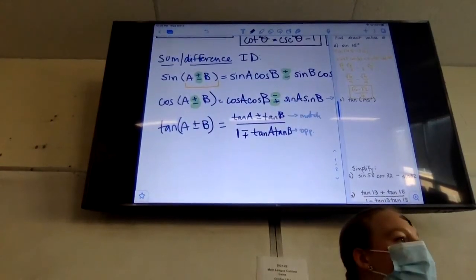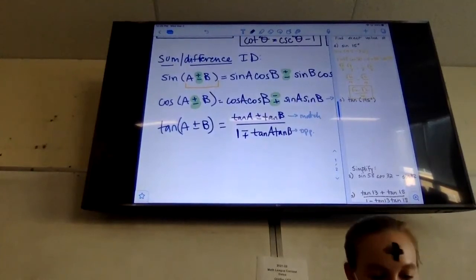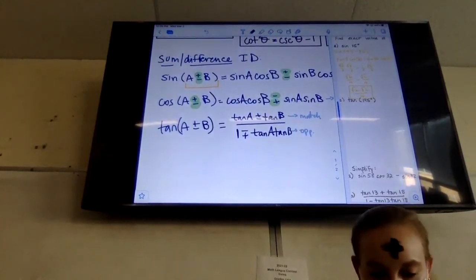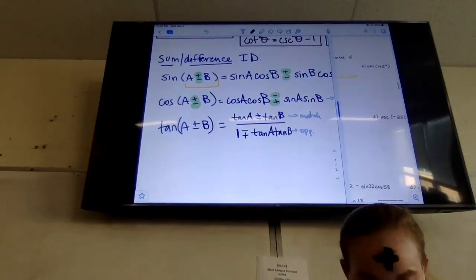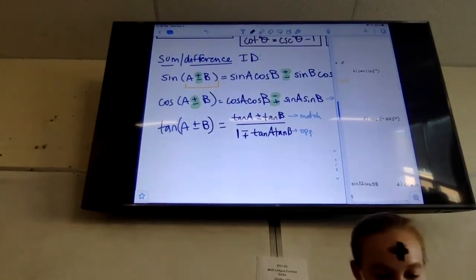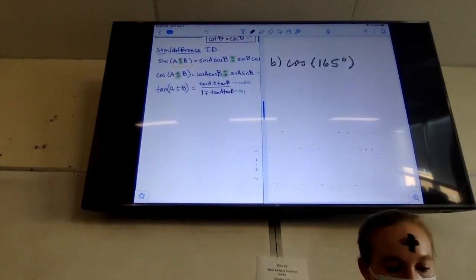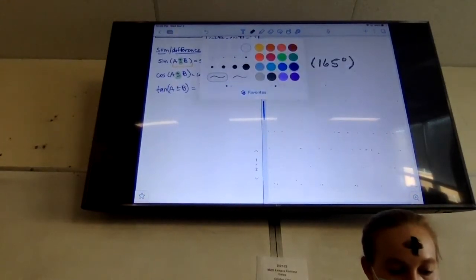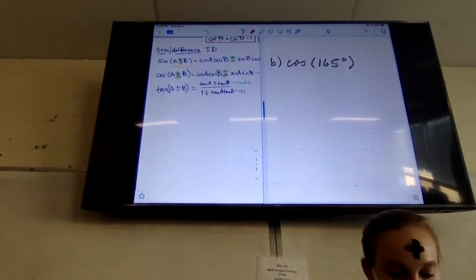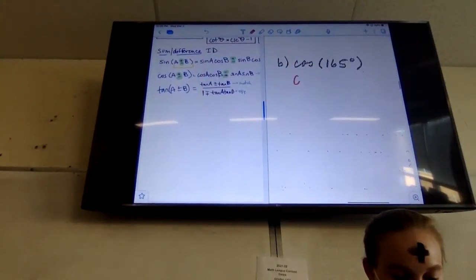All right, once you have those two down, flip back over to your note sheet. Let's see if we can actually do cosine of 165 and then tan of 195. Okay, cosine of 165, I'm going to ask what two things could add or subtract to be 165.